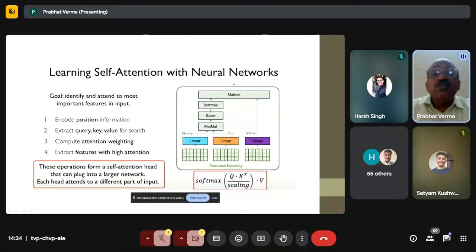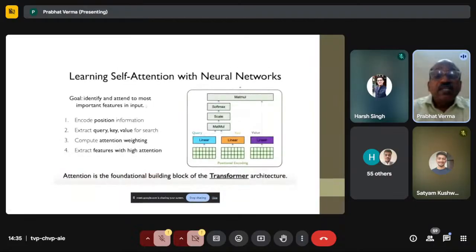So we can show this through the neural network. You have three position-encoded inputs: one is the query, the other is the key, and the third is the value. You find the similarity between the query and the key through matrix multiplication, that is the cosine similarity, then you scale it, then apply softmax, that is, bring it between 0 and 1. Then you multiply this softmax output with the value matrix, and this way you get the output. This output gives you the most attention value.